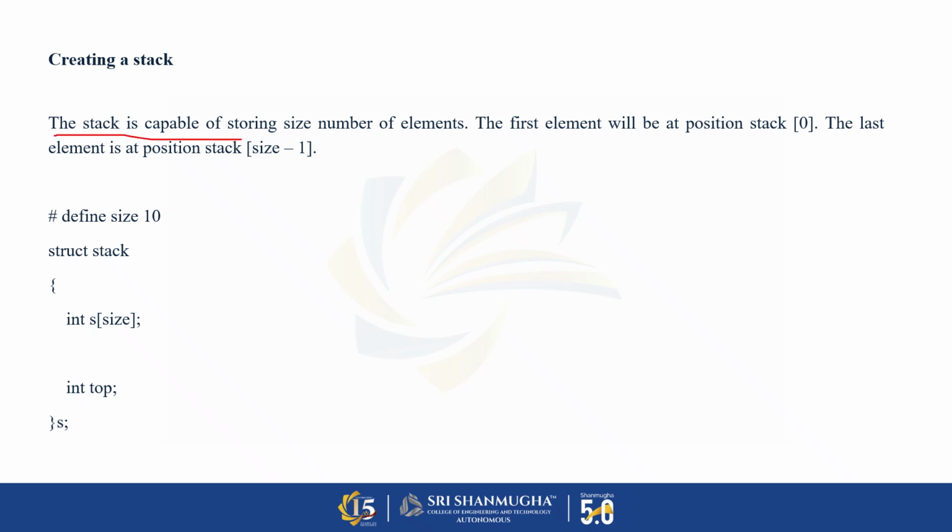The stack is capable of storing size number of elements. The first element will be at position stack 0, and the last element is at position size minus 1. Define size 10, then struct stack { int s[size]; int top; } s. This is the creation of the stack.